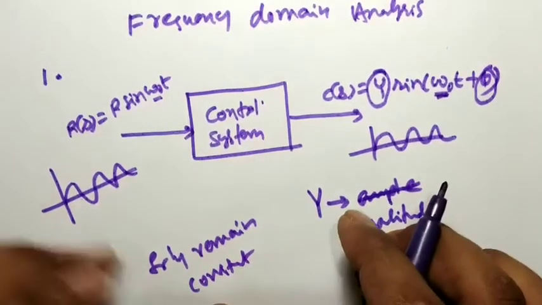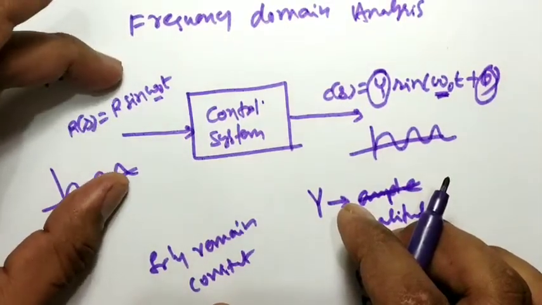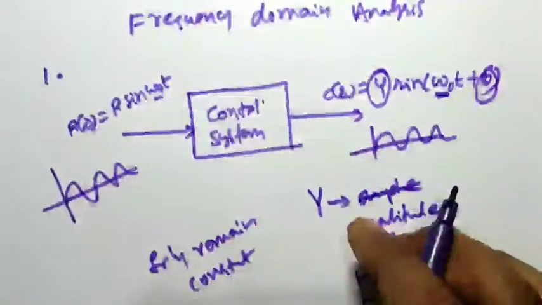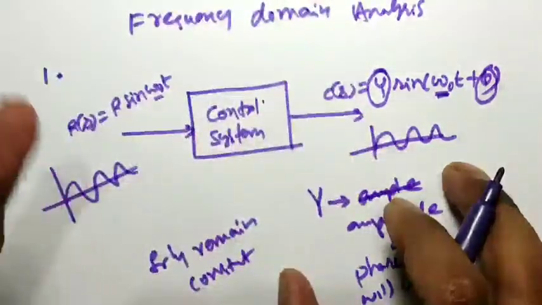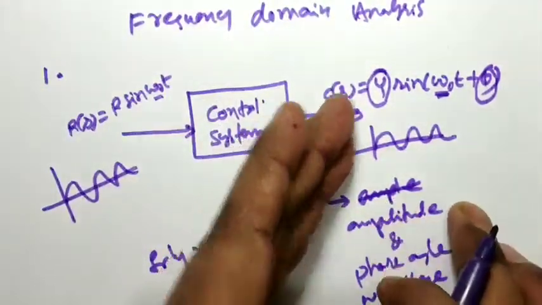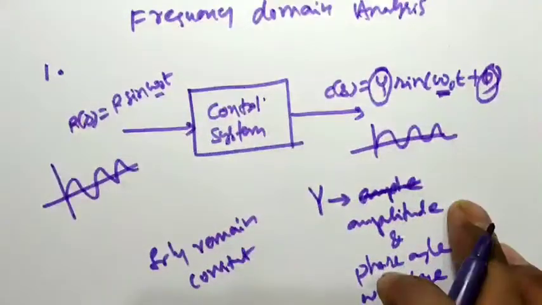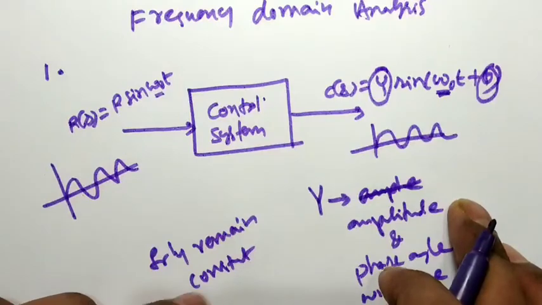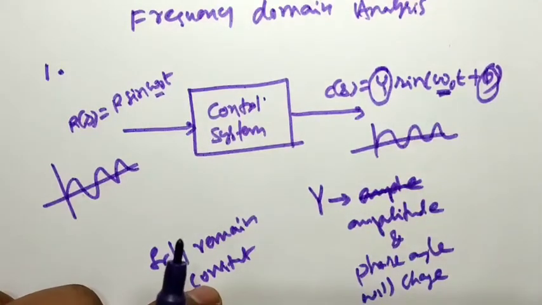So once again, if you give a sinusoidal input signal, you will get a sinusoidal output signal. The frequency is the same on the input side and output side. The only change will happen on the output side, in amplitude and phase, and this is called the frequency response.